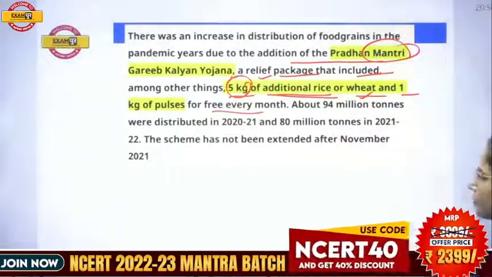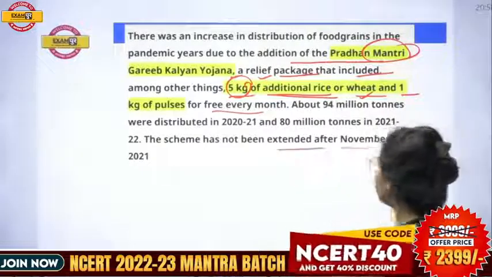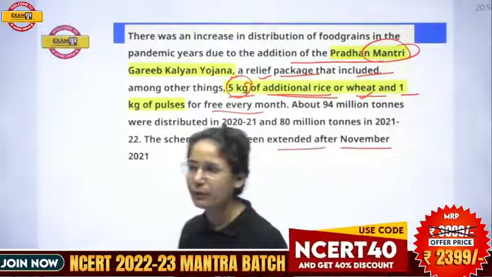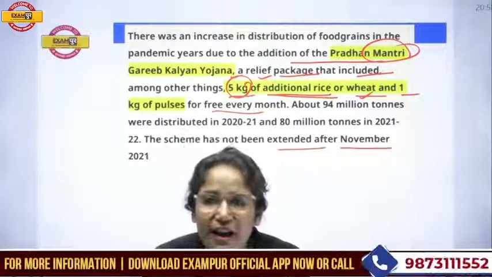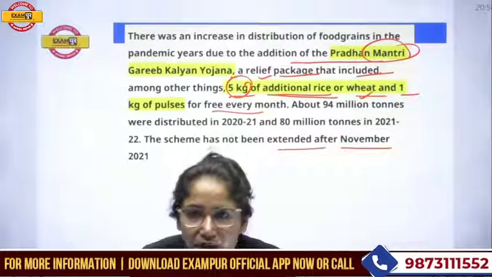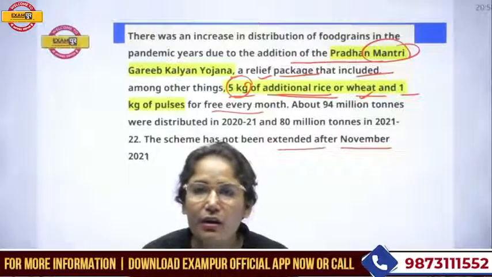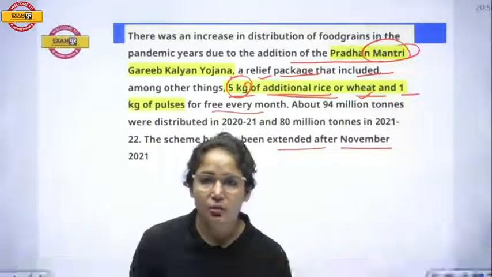Getting my point? The scheme was not extended after November 2021. It was only valid for the pandemic time, in which the public was facing such a huge scenario.